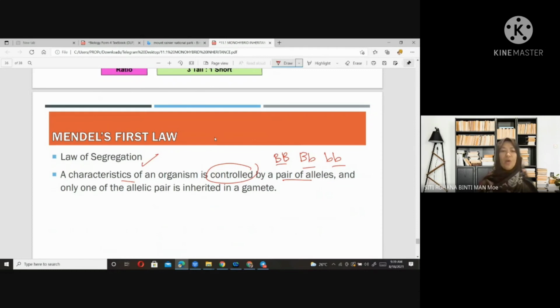And only one allelic pair is inherited in a gamete. Apa maksud ayat ni? One allelic pair. Only one of the allelic pair. Tadi macam ni. So during meiosis, only one will be obtained in the next generation. Okay? Konsep sama je awak belajar sebelum ni. Cuma sekarang ditunjukkan dengan detail.